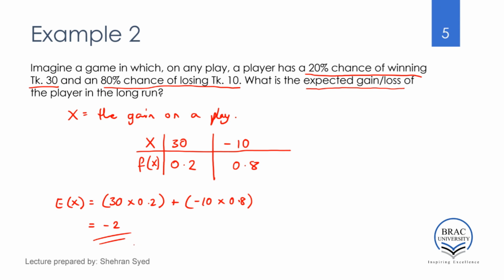What does this mean? What this signifies is, if the player continues to play this game over and over many times, in the long run, it is expected that the player will make a loss of 2 Taka.